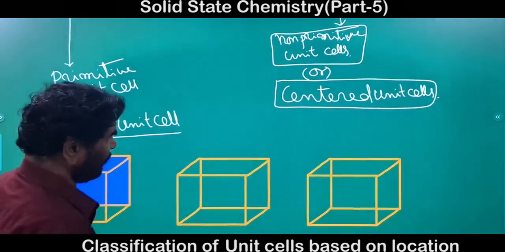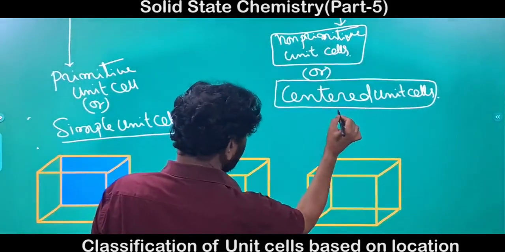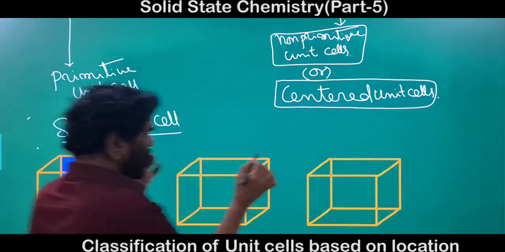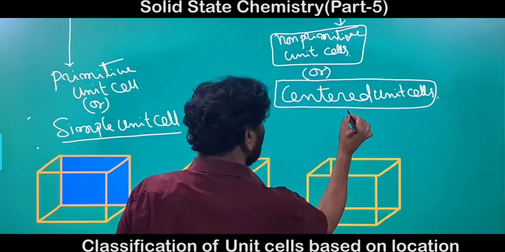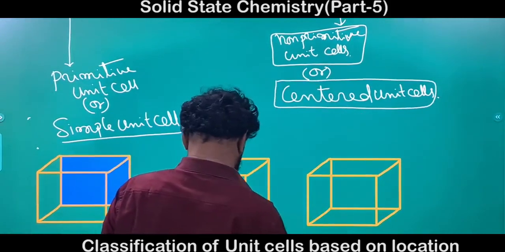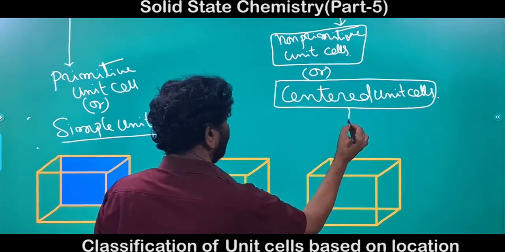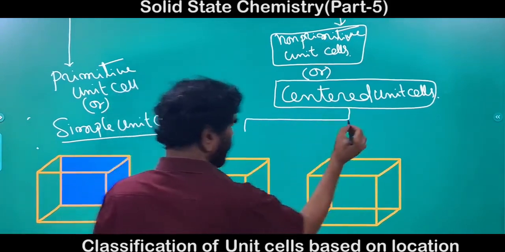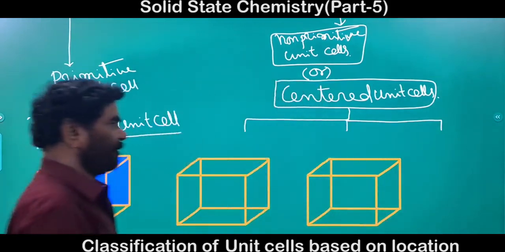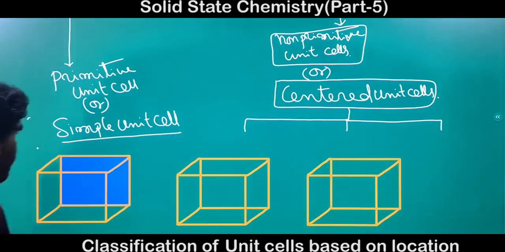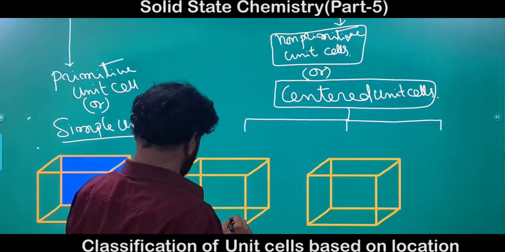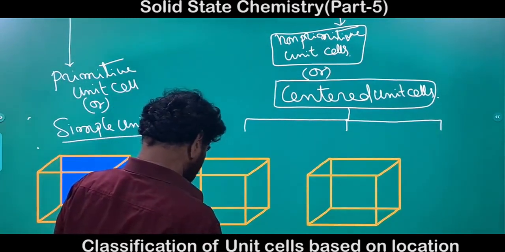And again, the centered unit cells are further classified into three types. Let me first classify, and I will explain what is primitive and non-primitive.